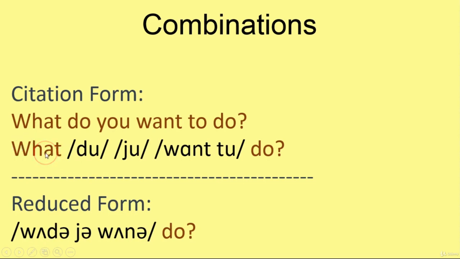We combine "what" and "do" to make "whata." "You" becomes "ya." "Want to" becomes "wanna," "wanna." And we say, whatcha wanna do? It's very quick and easy to speak like that.